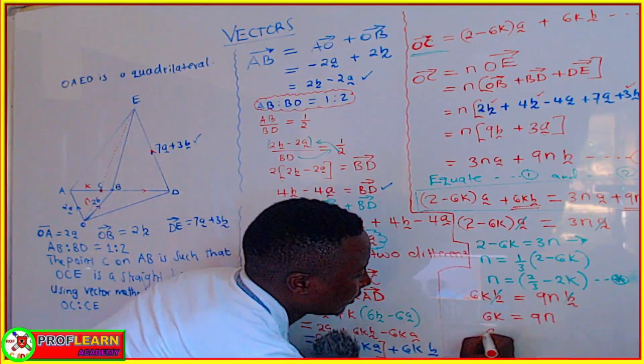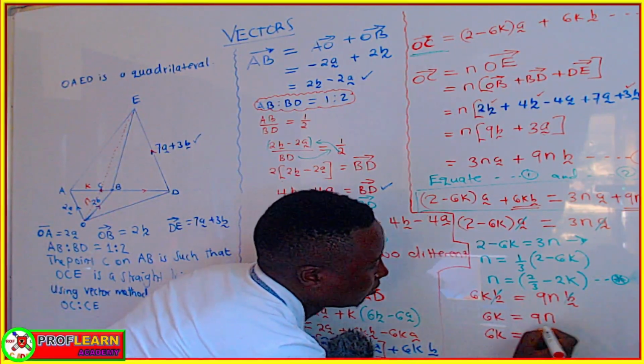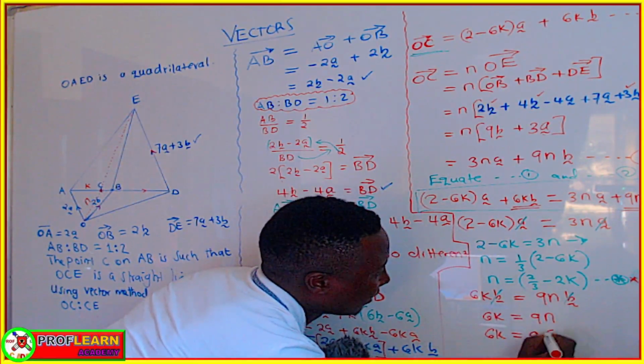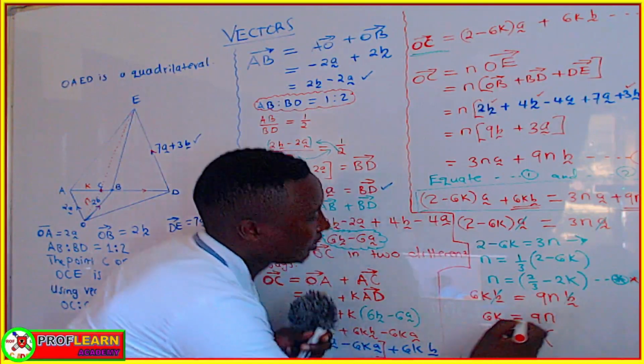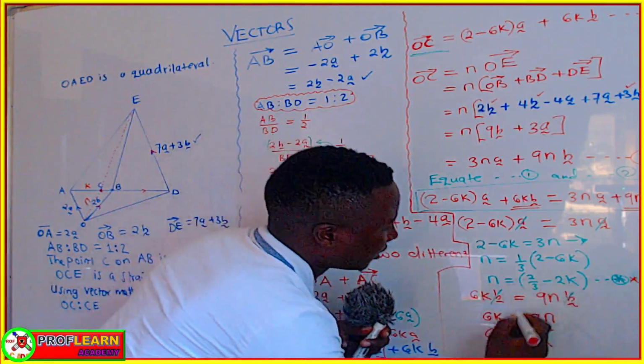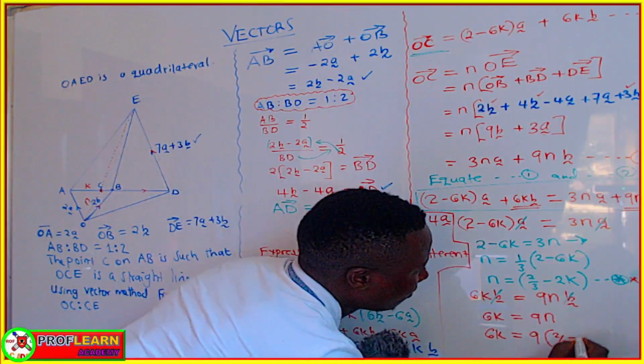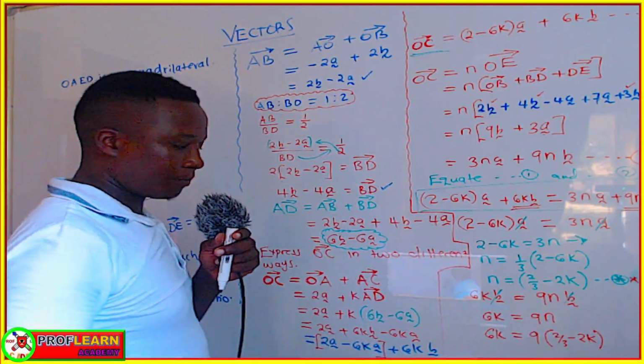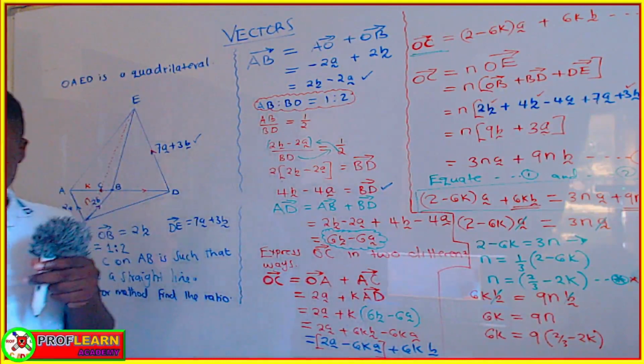So from equation star, 6k equals 9 times 2 over 3 minus 2k. So if we open the bracket, what are we going to have?